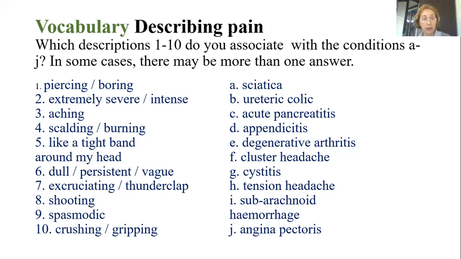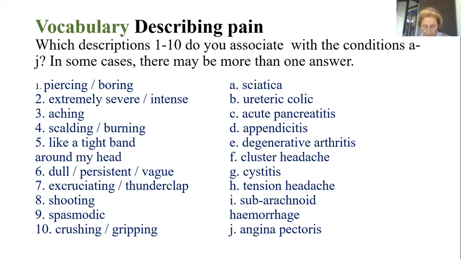So the next is excruciating or thunderclap. Cluster headache. Okay, so we've mentioned headaches. Yes, excruciating, it can be right. Or just excruciating, like this is the end of anything.